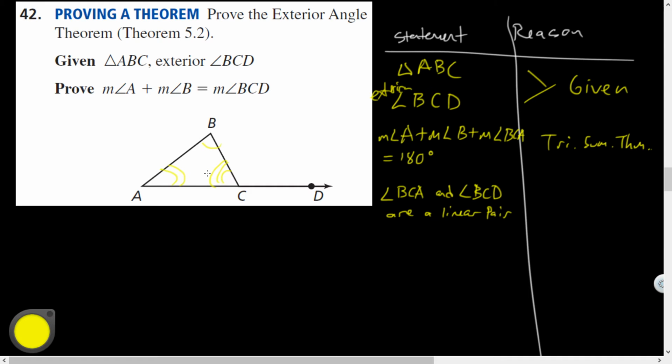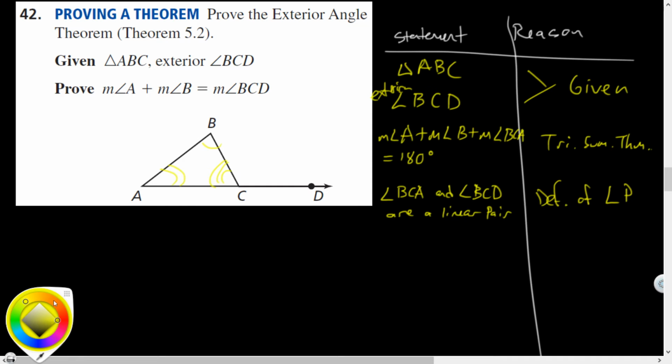We just don't know. So that's why I've got to be explicit with a name, so that way we'll know which angle C we're referring to. So this is the definition of a linear pair. All right, so this angle right here, this angle right here, and this angle right here are a linear pair.